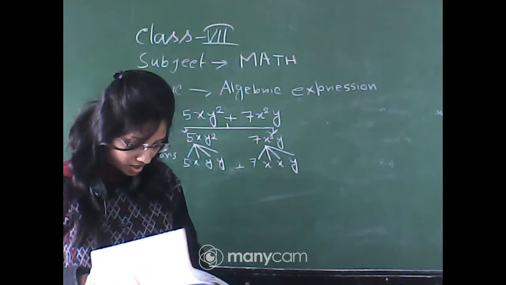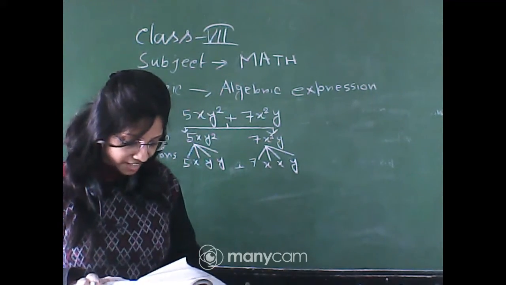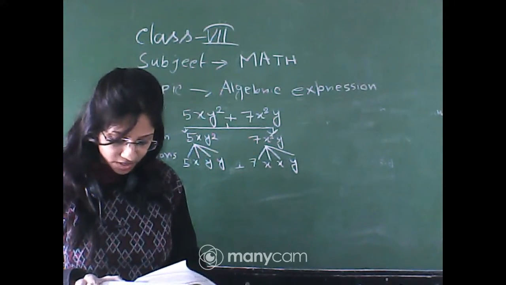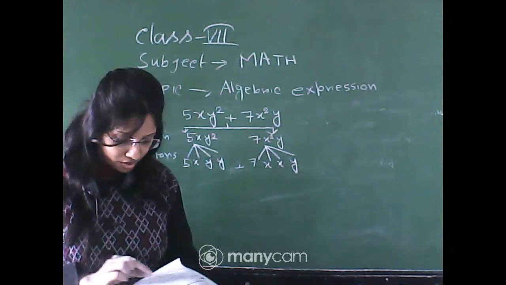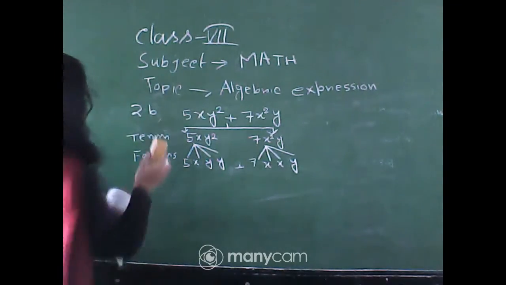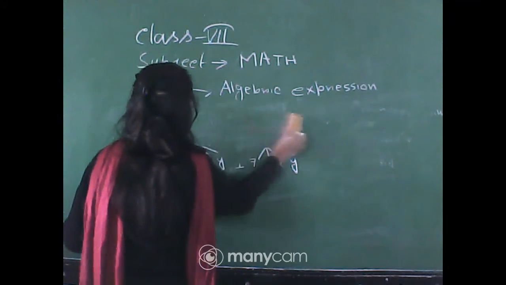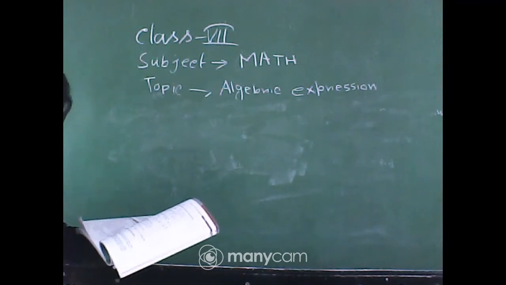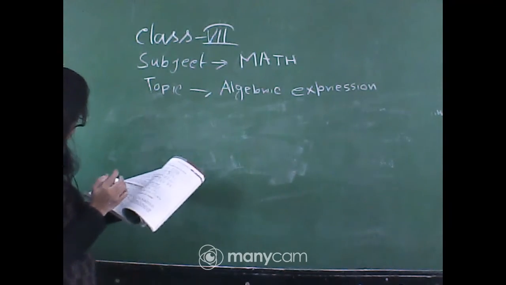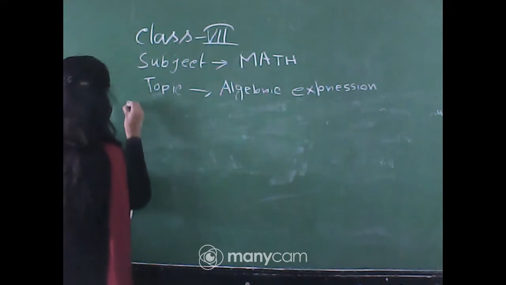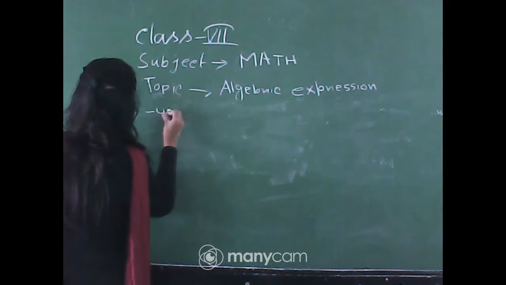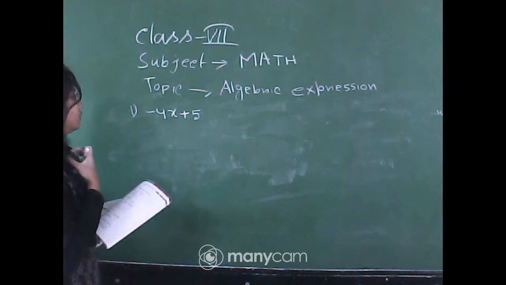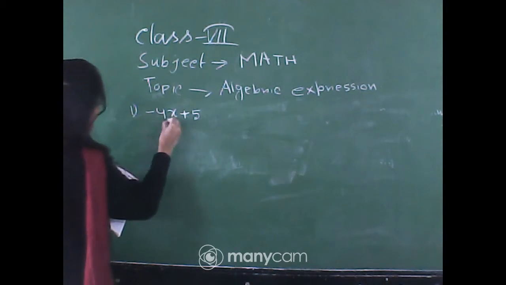Next question is identify the terms and factors in the expression given below. Okay. First we consider the algebraic expression minus 4x plus 5. Here the only variable is x.